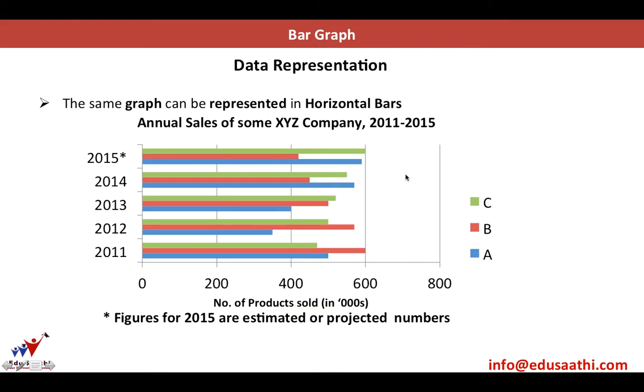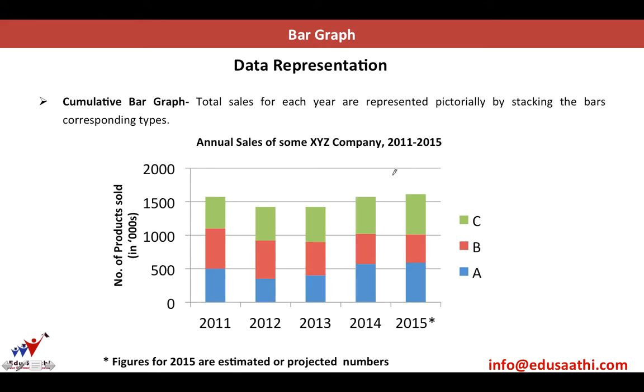Let's move further. There's another kind of bar graph which is known as the cumulative bar graph. Now in this bar graph, total sales for each year are represented pictorially by stacking the bars of corresponding types. So in the year 2011, the total number of products sold in thousands was about 1520, let's say 1520.